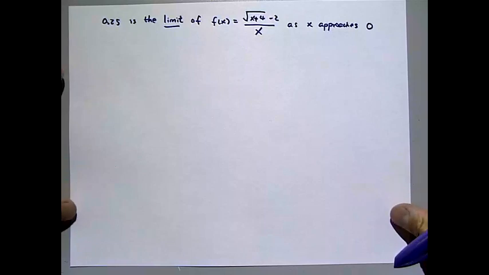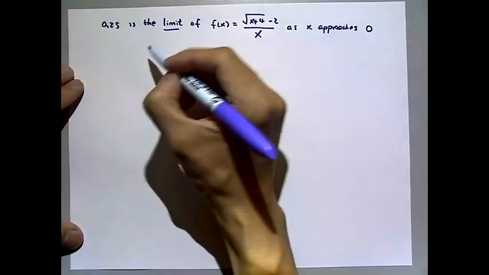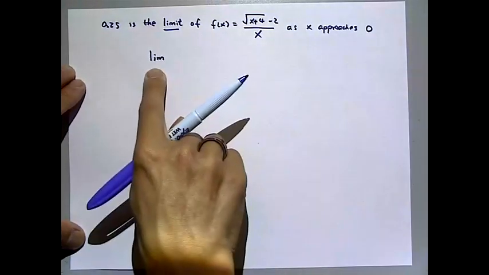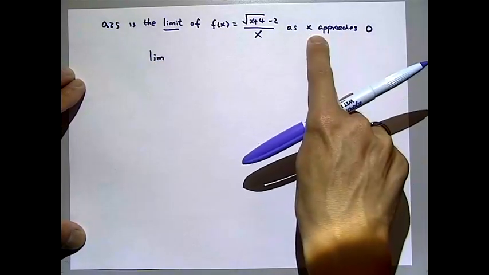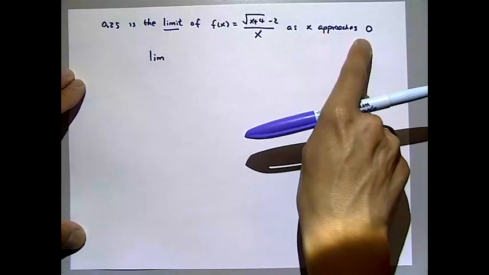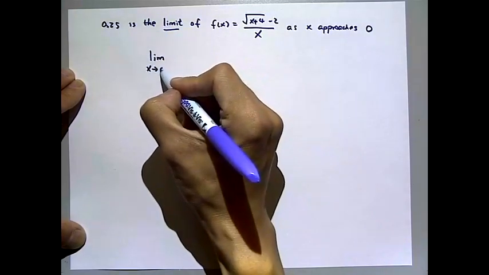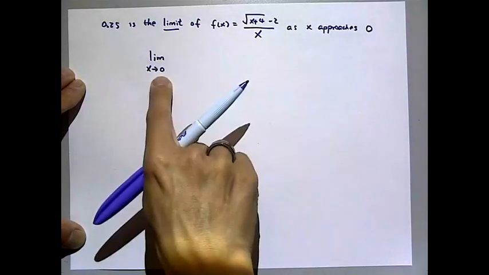We want to use a shorthand notation for this kind of statement. So we write LIM for limit. And underneath this LIM, I want to write down what x is trying to do. x is getting closer and closer to 0, so we write x, right arrow, 0. And then we write the function next to this.